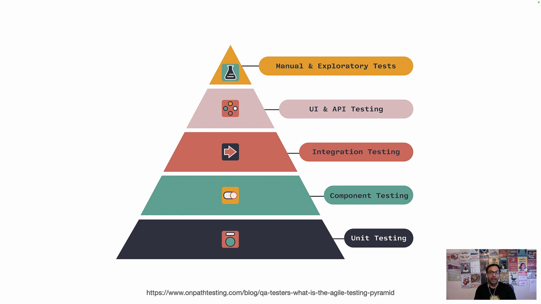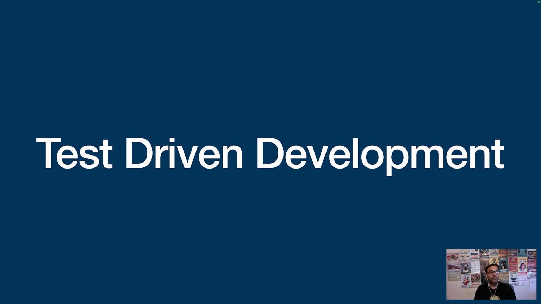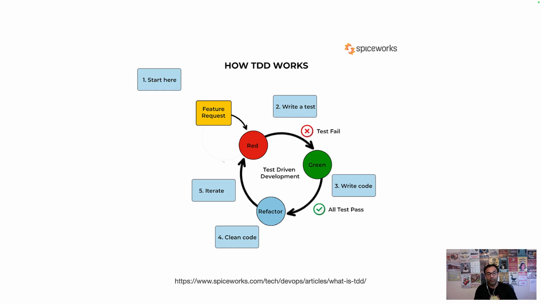Okay? And when we talk about testing, we also talk about test-driven development. Test-driven development is basically the idea that before writing a single line of code, you are going to write a failing test. Next, step number 2, you write a test. It fails. Okay? And then you write code, just enough code to make sure that the test passes.